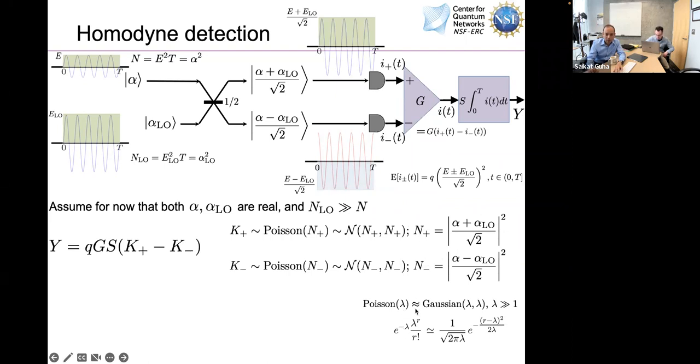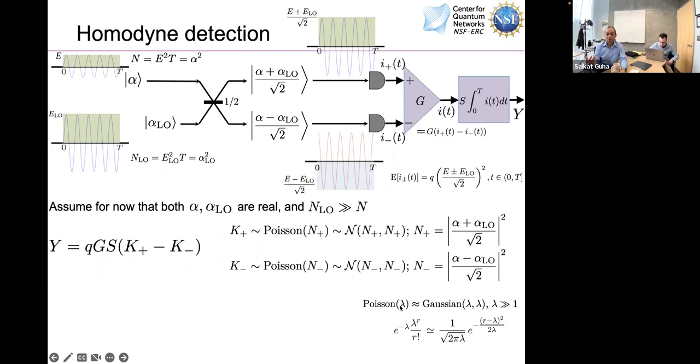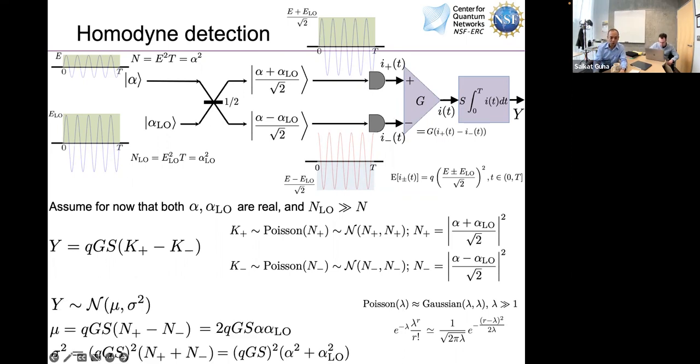And when the mean of a Poisson variable is very large, it approaches a Gaussian random variable. As you know, the Poisson random variable has the same mean and variance. So lambda is the mean and lambda is also the variance. So it approaches a Gaussian or normal distribution with the mean and the variance being the same, both lambda. Well, so I get a random variable Y, which is a Gaussian, because the subtraction of 2 Gaussian random variables is also a Gaussian.